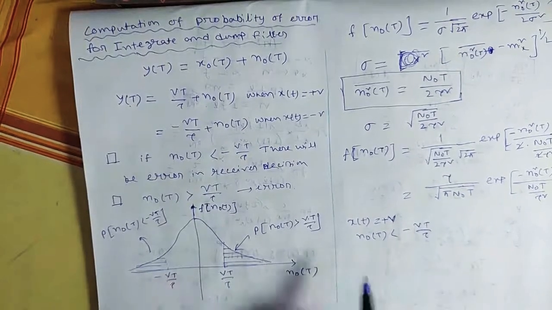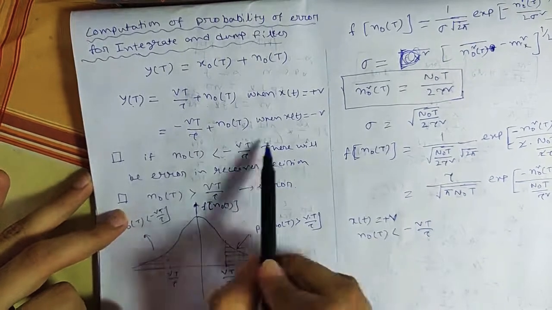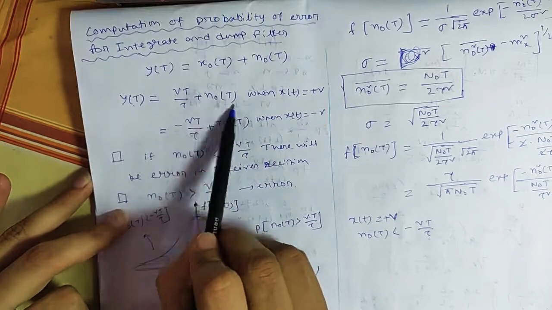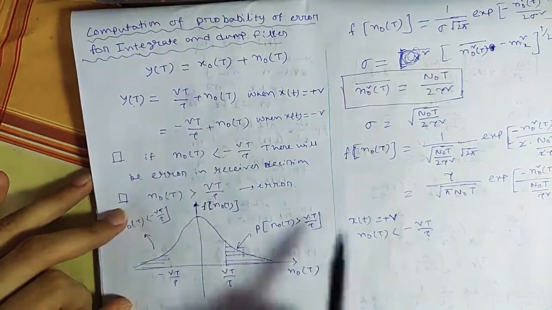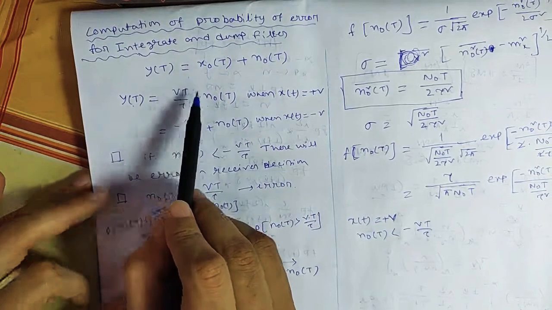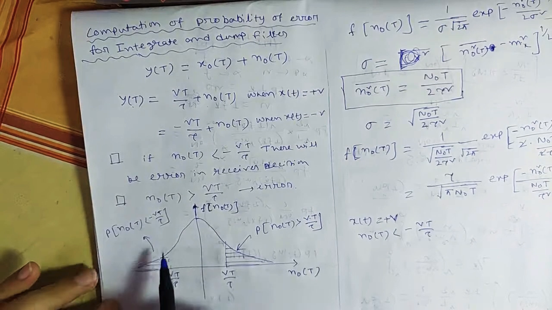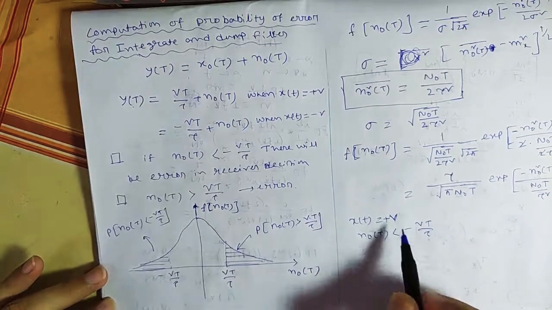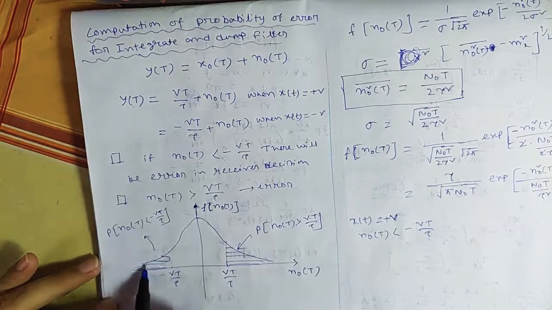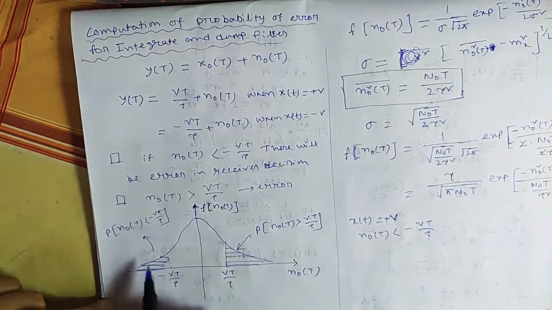That is, for this part, if x(t) is plus v, then if the noise is more negative than this part, then error will occur, and that corresponds to that region. If we compute the area of this part, then we can find the probability of error.